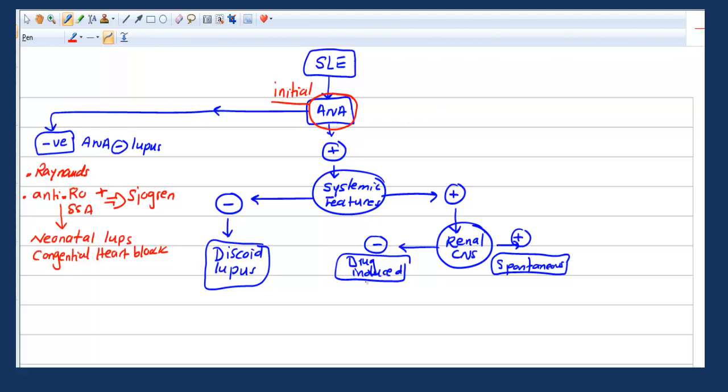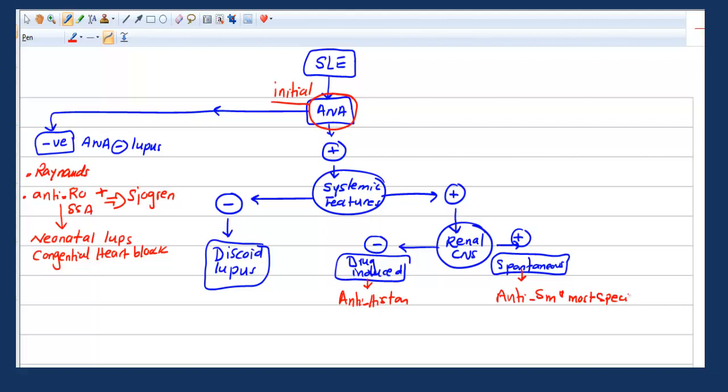Now, for drug-induced lupus and spontaneous lupus, I need to confirm with serology. In drug-induced lupus, I think most of you know the antihistone antibody is positive. While in spontaneous lupus, you have two. The most specific is anti-Smith. Anti-Smith is still the most specific one.